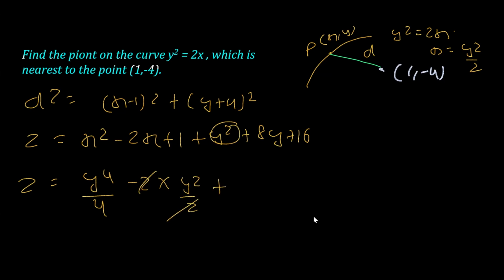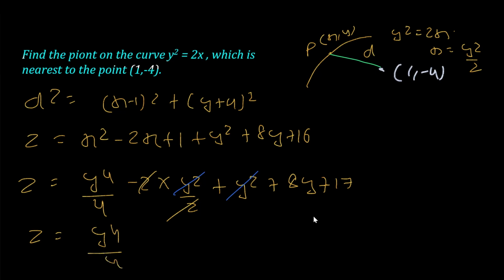Plus I'm writing this y square first, and then 8y plus 1 plus 16 is what? 17. Like the previous question, here 2 y square get cancelled. And what we get is z as y raised to the power 4 over 4 plus 8y plus 17.